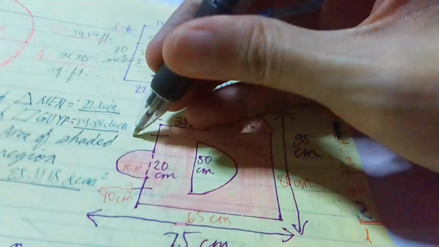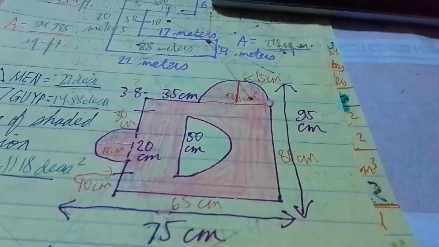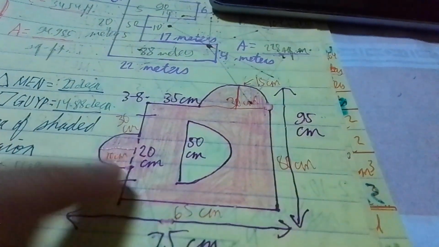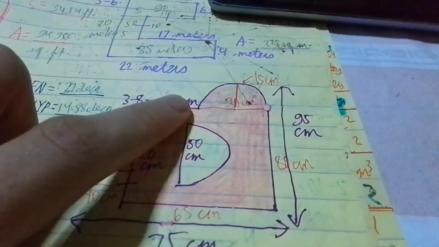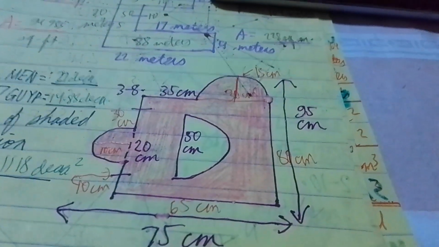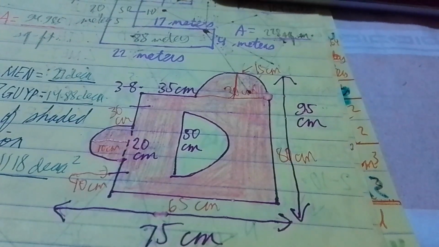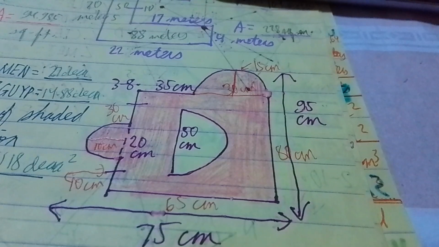Yup, both of the lines should be 30 centimeters. Okay? So 65, 30, the curved part, 30, 35, another curved part, and 80. Now let's solve for the perimeter. To solve for the perimeter, it's very easy, but first, we need to get the curved part of the curved parts.